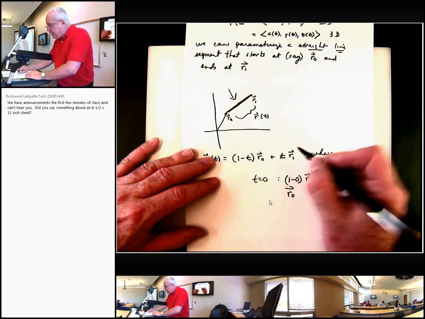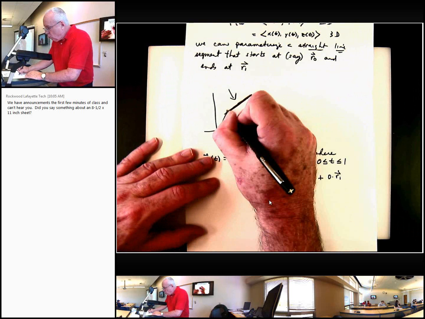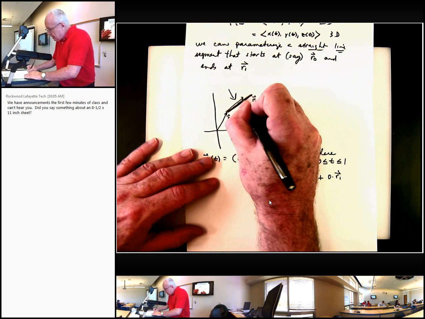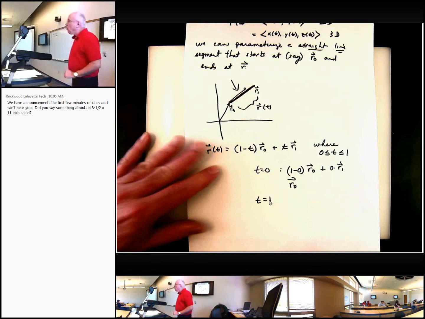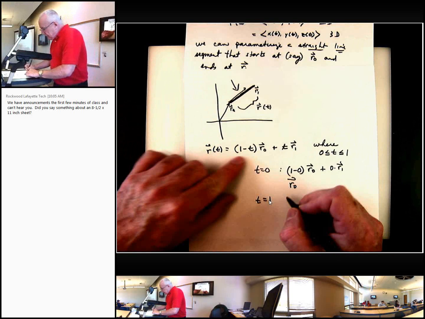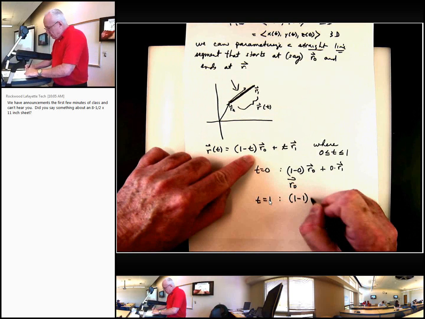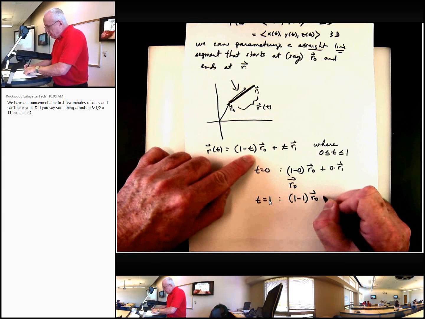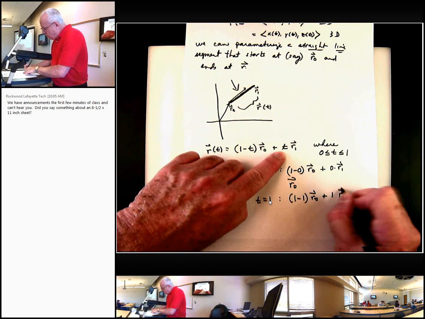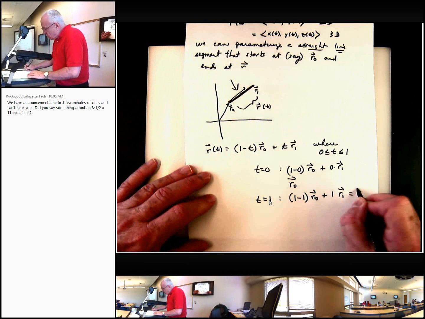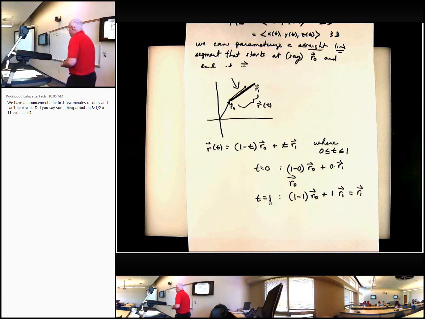As t keeps getting larger, we are moving along this straight line. Then when we come to t equal 1, let's plug this in. We get 1 minus 1 times r 0 plus 1 times r 1. And so what we end up with here is our ending location, r 1.